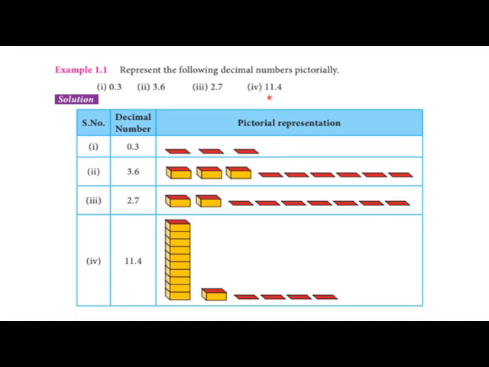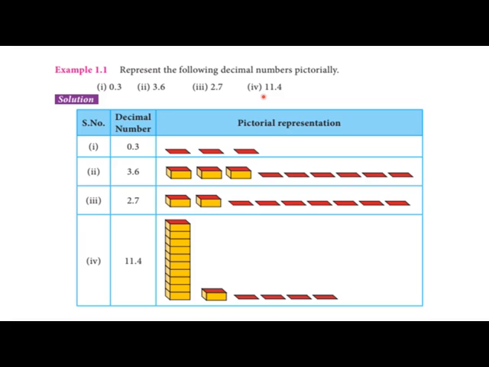Fourth one, 11.4. So before the decimal left hand side, ones place is there and tens place is also there. For ones place you have to draw only one box. The number is also 1, so it is enough to draw only one box. For tens place you have to draw, if it is 1 means you have to draw one block, that is 10 boxes.